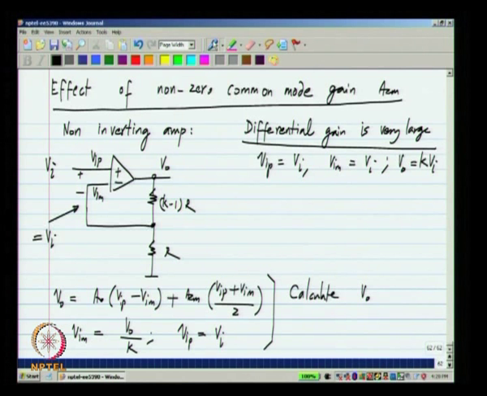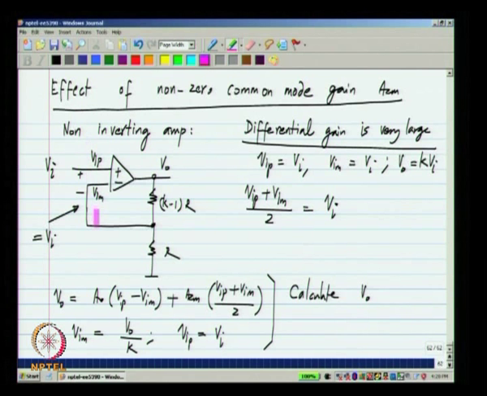So, VIP and VIM are more or less the same as before, and the average value (VIP plus VIM)/2 will also be exactly the same as before, and it is just equal to Vi. So, in this circuit, the common mode input of the op amp equals the input voltage.